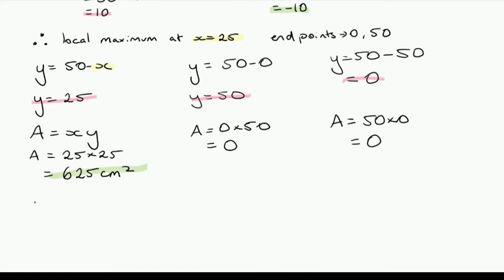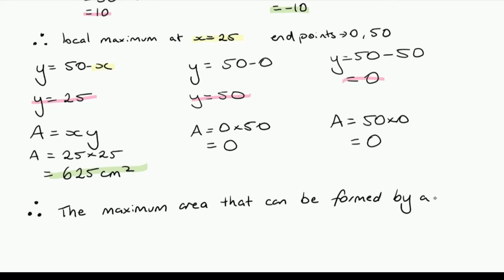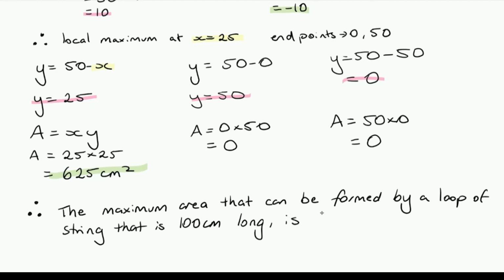So I can say that, therefore, the maximum area that can be formed by a loop of string that is 100 centimeters long is 625 centimeters squared. Done.